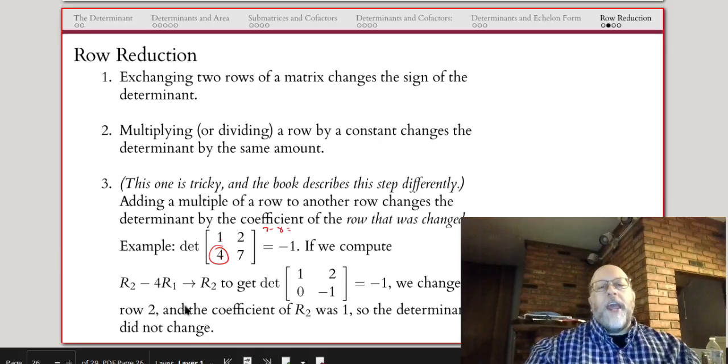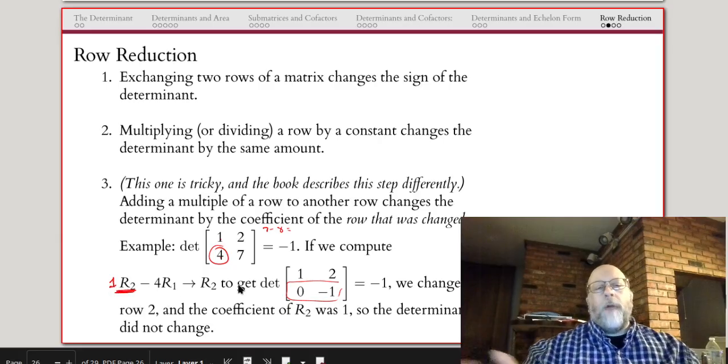Then we changed row 2. Row 2 was the row that changed, but the coefficient in row 2 is a 1, and multiplying by 1 does not change the answer. And so this determinant is still negative 1. Negative 1 before is negative 1 afterwards. Negative 1 minus 0 in this case.